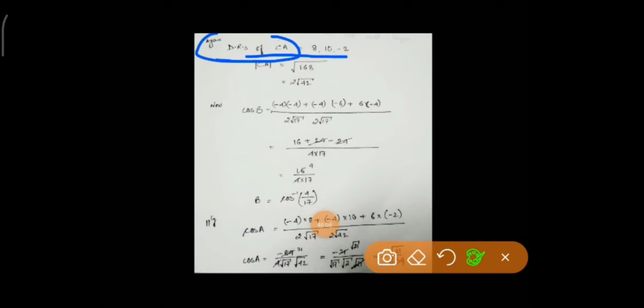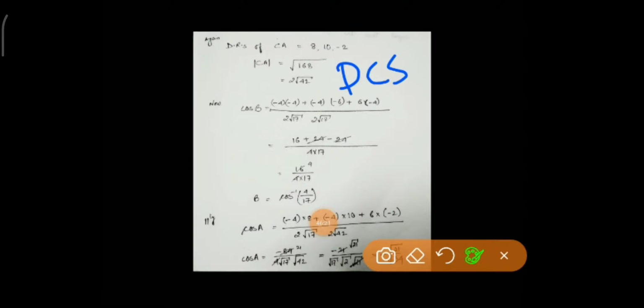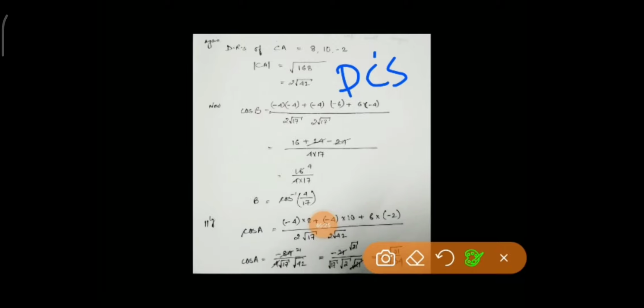Now you can see I'm finding all direction ratios first. Then for CA, I will find the magnitude. After this, you will be finding the direction cosines. So direction cosines, how will you find?